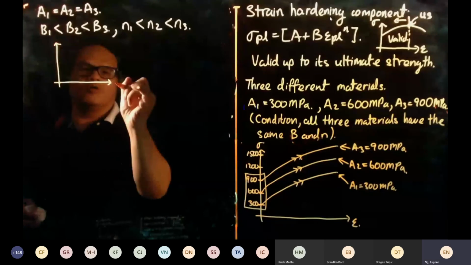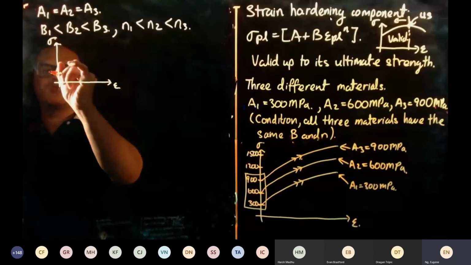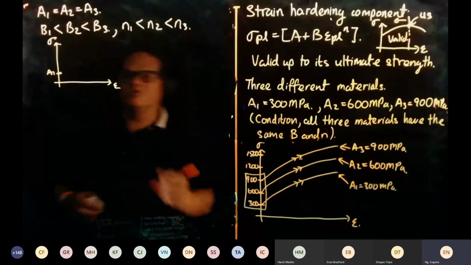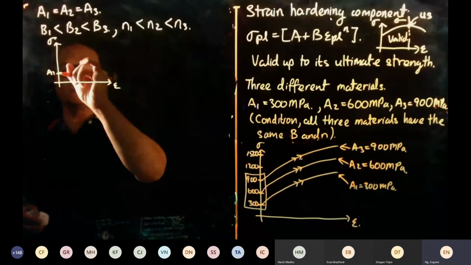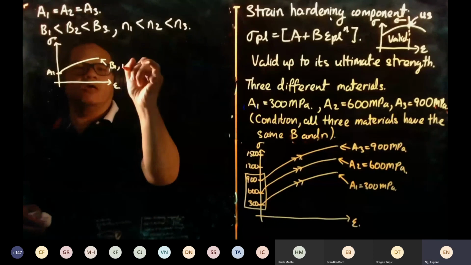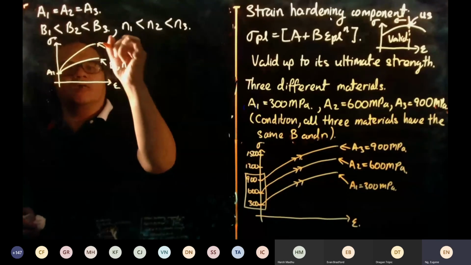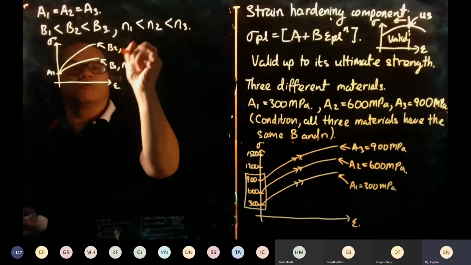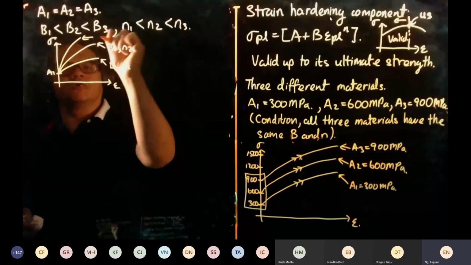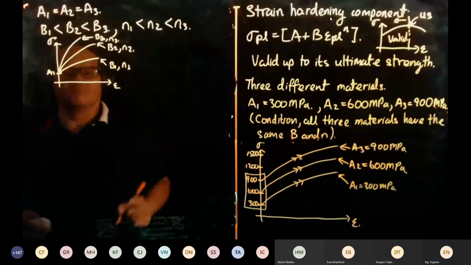This is epsilon, this is stress, and all of them will start from A1, because A1 is equal to A2 is equal to A3. So the first curve over here is your B1, N1, and then the next curve. Now there are no more parallel. B2 and N2. And then finally, this is your B3 and your N3.